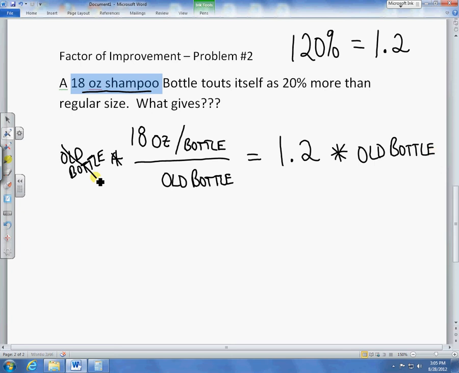Okay? So now I'm going to just use commutative property here, nothing, again, very sophisticated. So 1.2 times old bottle being a variable, it's now going to be equal to 18 ounces per bottle.